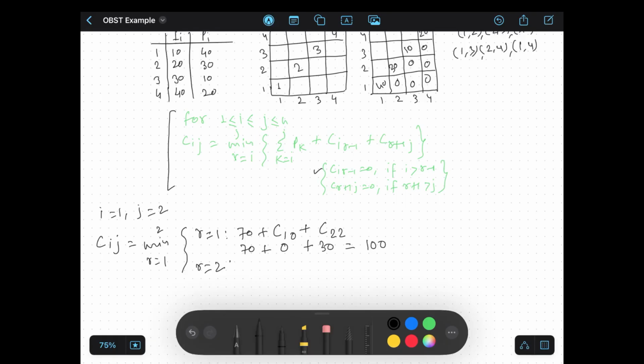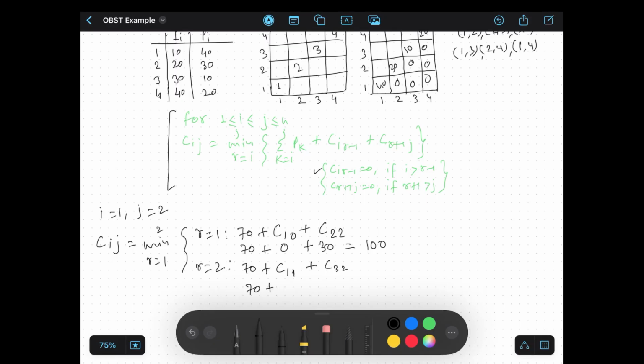Similarly, when r is equal to 2, the summation of probabilities from i to j is going to remain the same, which is 70, plus cost of i is 1, r minus 1, 2 minus 1 is 1, plus cost of r plus 1, r plus 1 is 3, and j is 2.